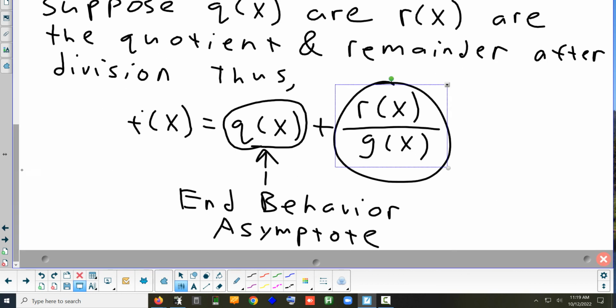As x gets bigger and bigger and bigger in this bottom polynomial, what you're going to end up doing is dividing by something that's getting bigger and bigger and bigger. So the remainder basically turns into 0. It's never really 0, but it gets smaller and smaller and smaller. So that's why this part doesn't matter. All you need to know is q of x is the EBA, the end behavior asymptote.